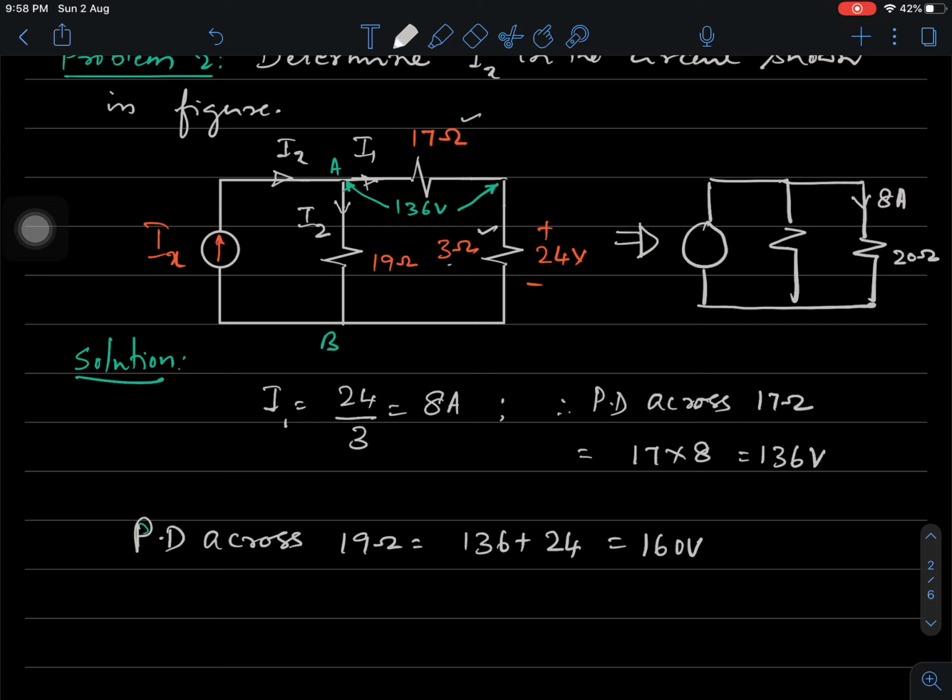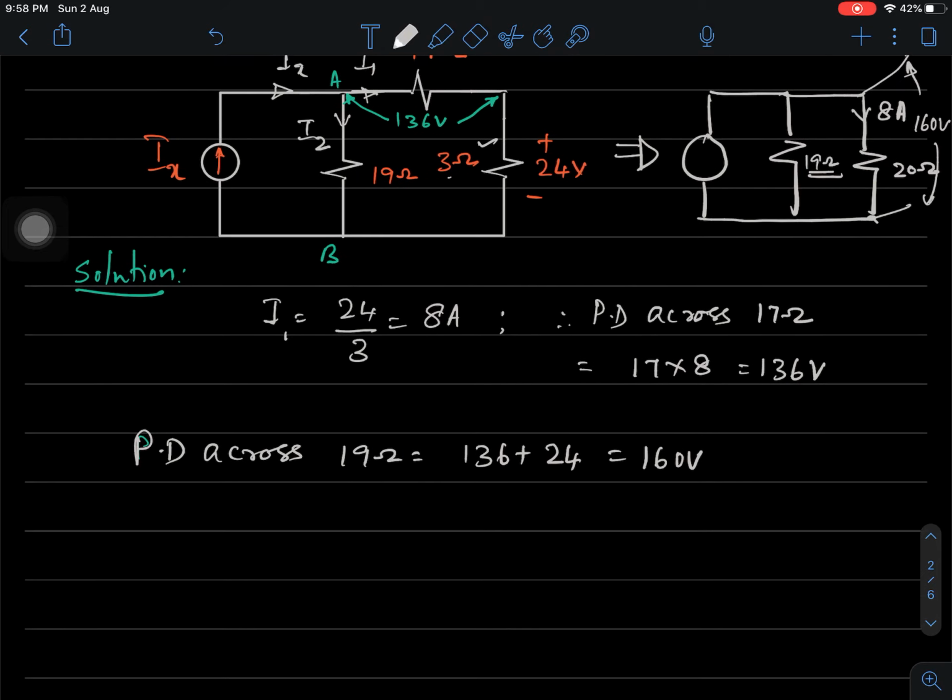Having found this potential difference, 160 volts, it is also appearing across 19 ohms. Between this point and this point, you get 160 volts. So the potential difference across 19 ohms is also 160 volts.